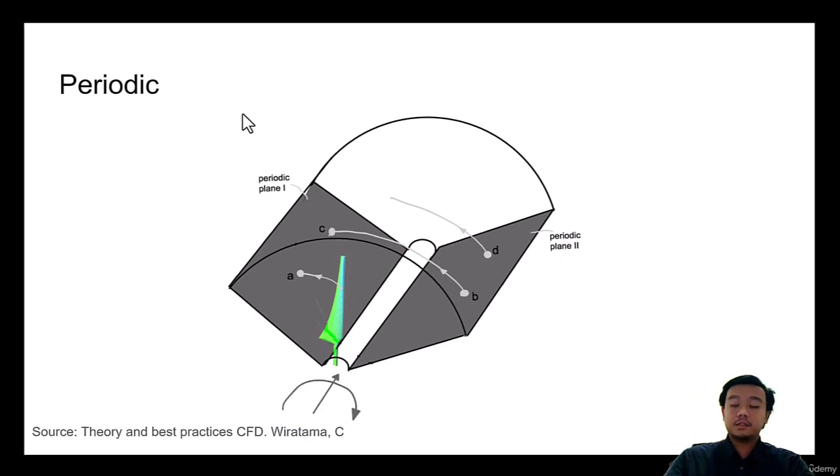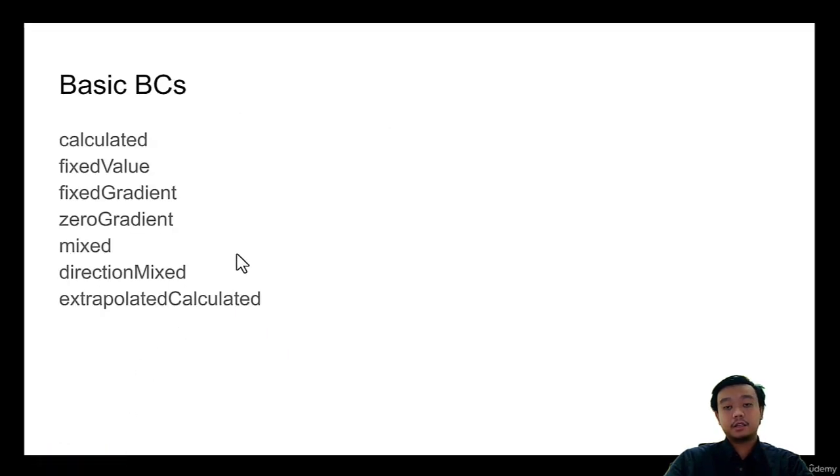And one thing that is very special about OpenFOAM is it has lots of boundary conditions. So you can find the best one for your application, and it has a lot of flexibility if you want to use that.